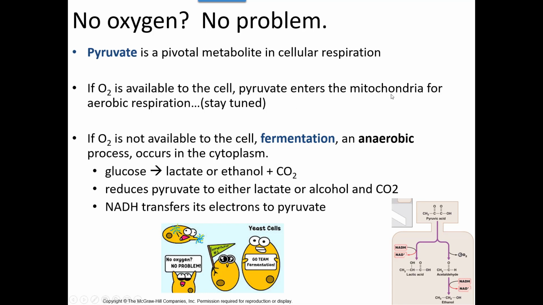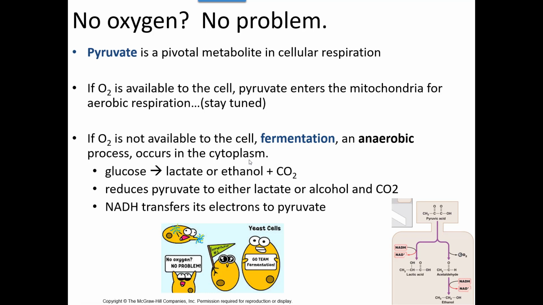But if oxygen's not available to the cell for whatever reason, it's just not getting enough oxygen that it requires, that pyruvate can go through what's known as fermentation. It's an anaerobic process, so it doesn't require any oxygen, and it happens in the cytoplasm. So it's not going into any particular organelle. It still all happens out in that cytosol or cytoplasm of the cell.